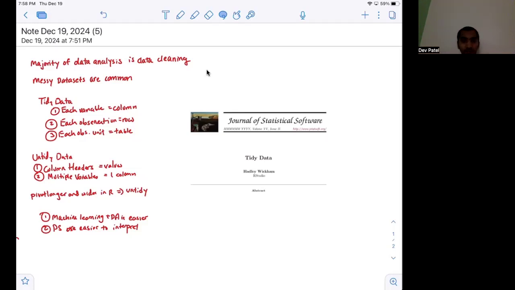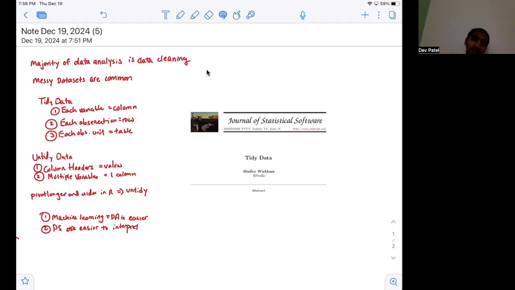Next is each observation having its own row. A lot of times, sometimes you may have multiple observations in one row, or you may have very ambiguous observations or duplicate observations in rows. We want to make sure that every observation is allocated to a single row.